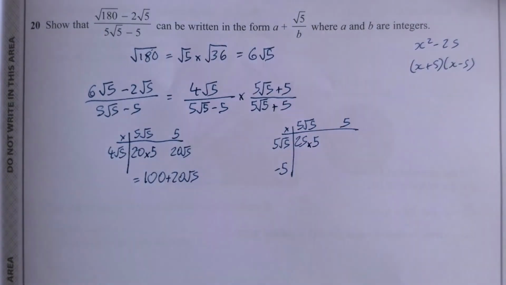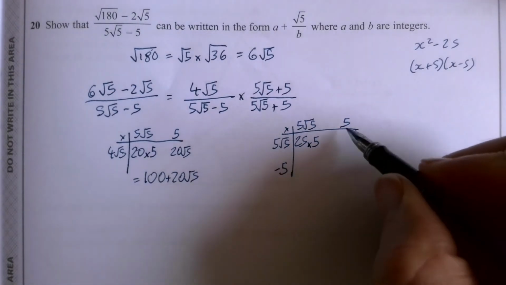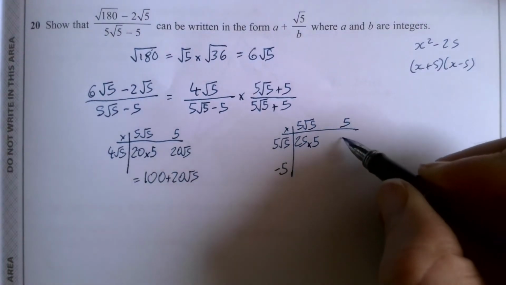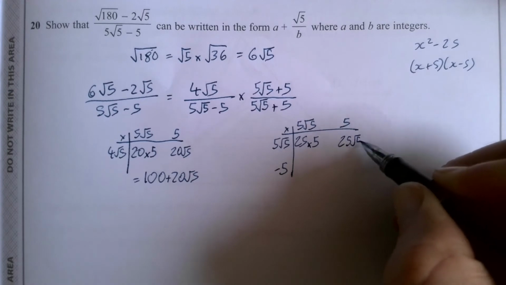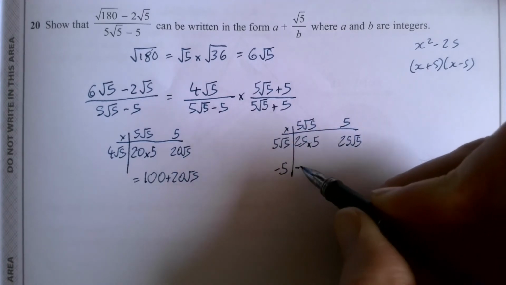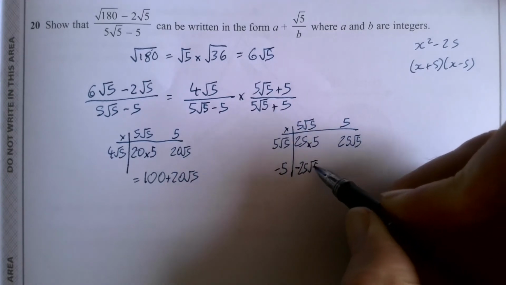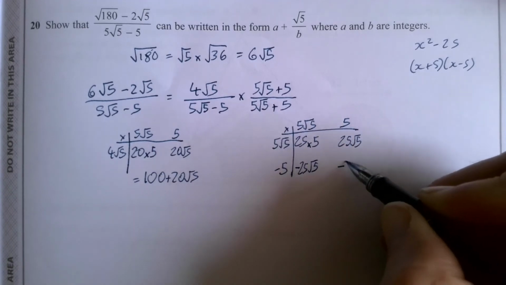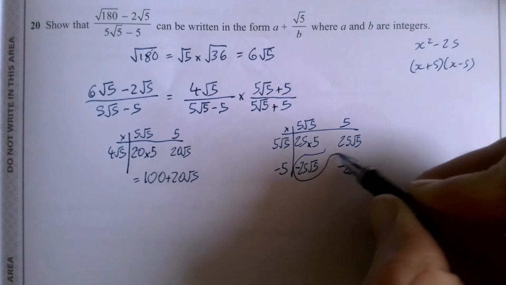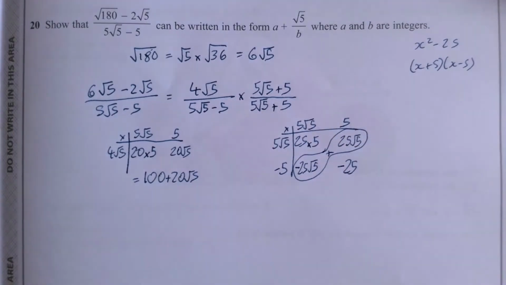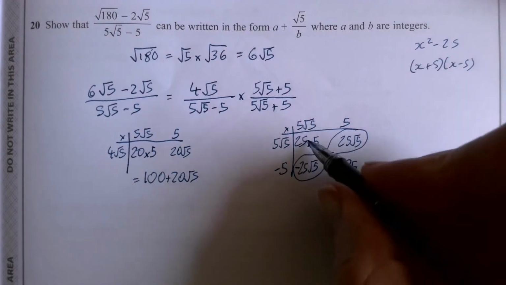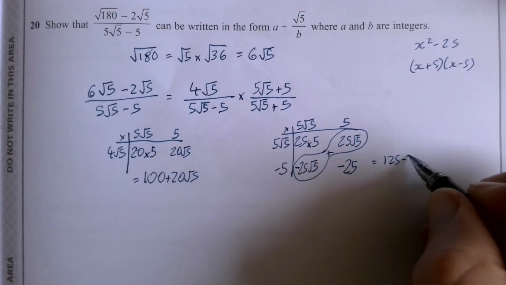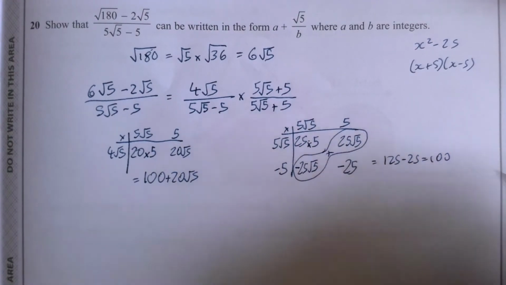So that'll be 25 times 5. And here we're going to have 5 5s are 25 root 5. Here, negative 25 root 5. And negative 5 times 5 is negative 25. We're going to add those two together and they're going to cancel out. And that's going to give me 125, take 25, which is 100.